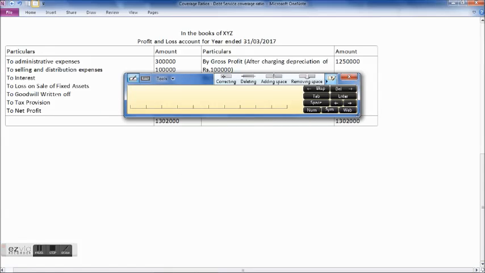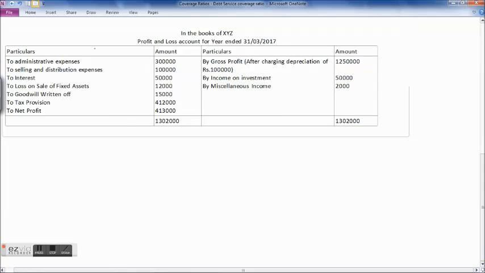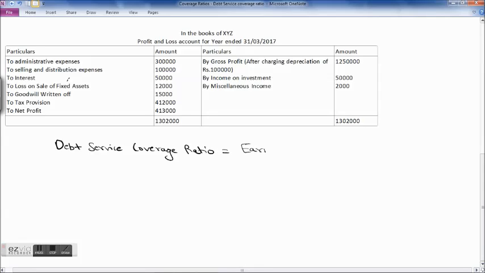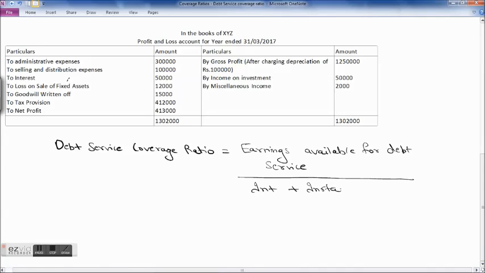Your debt service coverage ratio is equal to earnings available for debt service upon your interest plus installment.